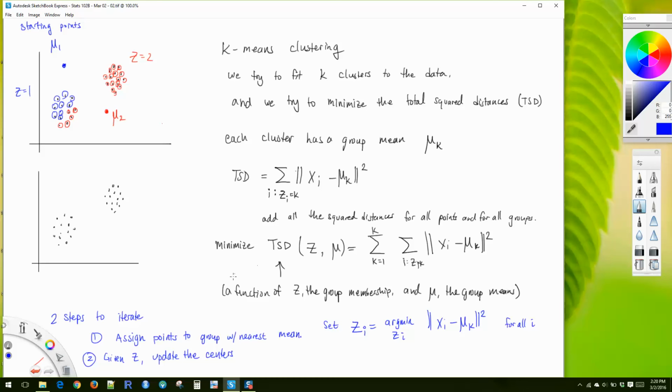Update the center to minimize total square distance, which is essentially setting your mu sub k equal to 1 over n of adding up all of your x sub i's, for everything where i has group membership z equal to k.